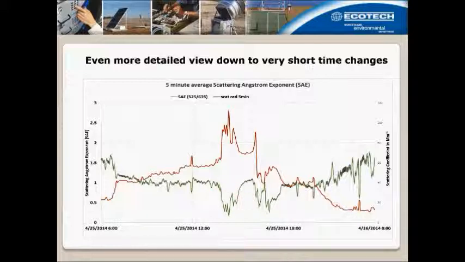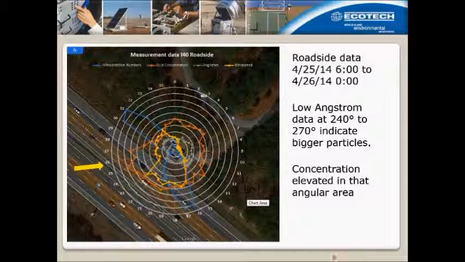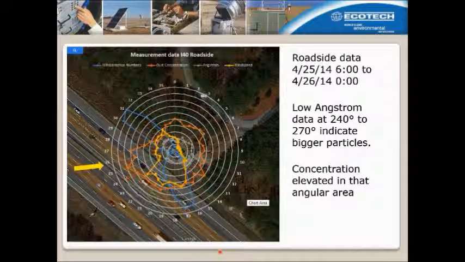So what you can do now is a windrose plot for that time frame and look a little bit closer at it. What you see when you do that is that at this time frame, the wind direction was basically along the road, but the high concentration comes from this side. Corresponding to that high concentration level, you see that dip in the angstrom exponent right in that angle area. In other words, the big particles are coming from that side.